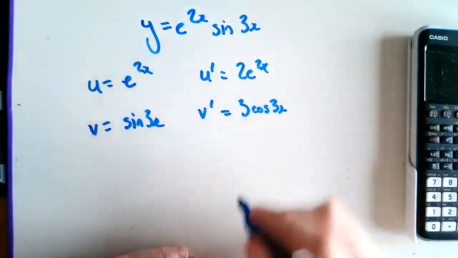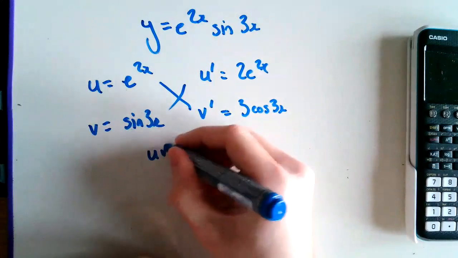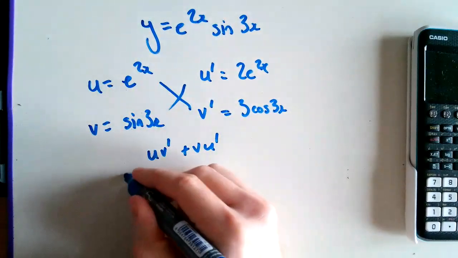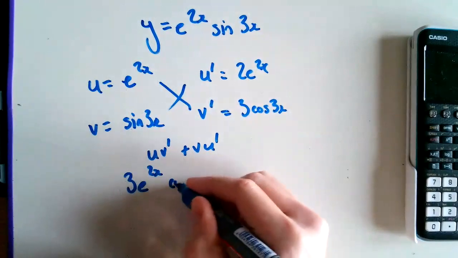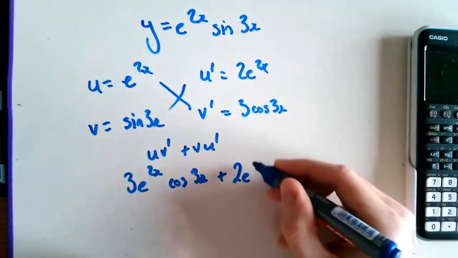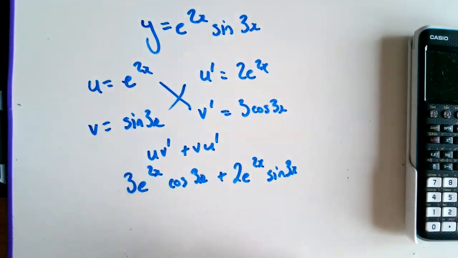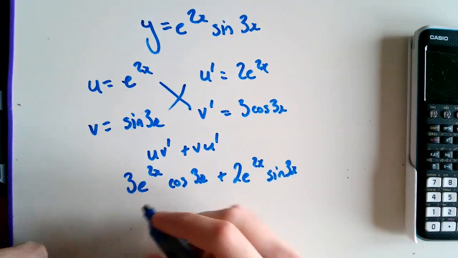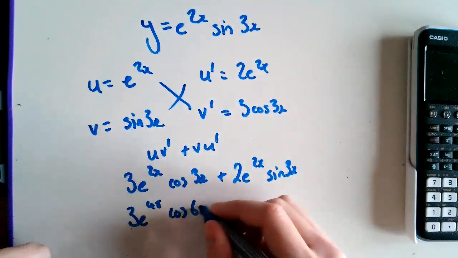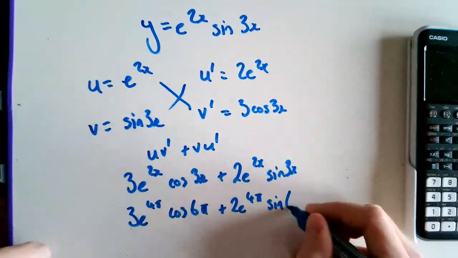Remember, sine differentiates to cos. And then the rule is uv dash plus vu dash. So this times this gives me 3e to the 2x cos 3x plus 2e to the 2x sine 3x. Sub in the value of x, x is 2 pi, so I get 3e to the 4 pi cos 6 pi plus 2e to the 4 pi sine 6 pi.